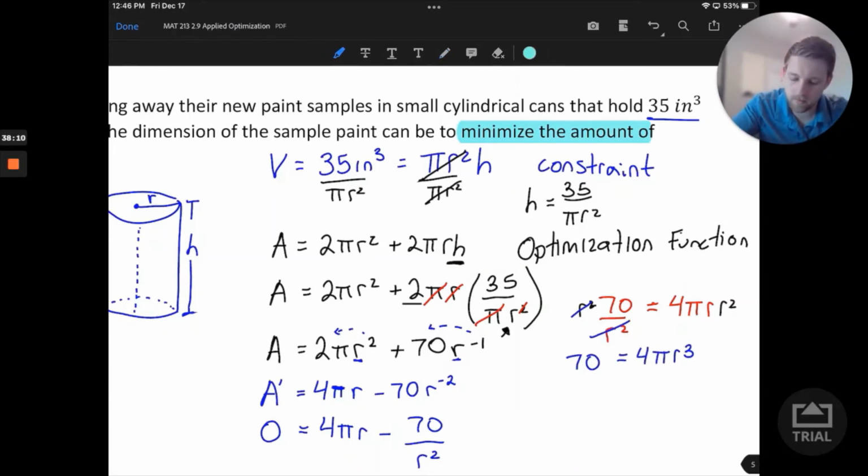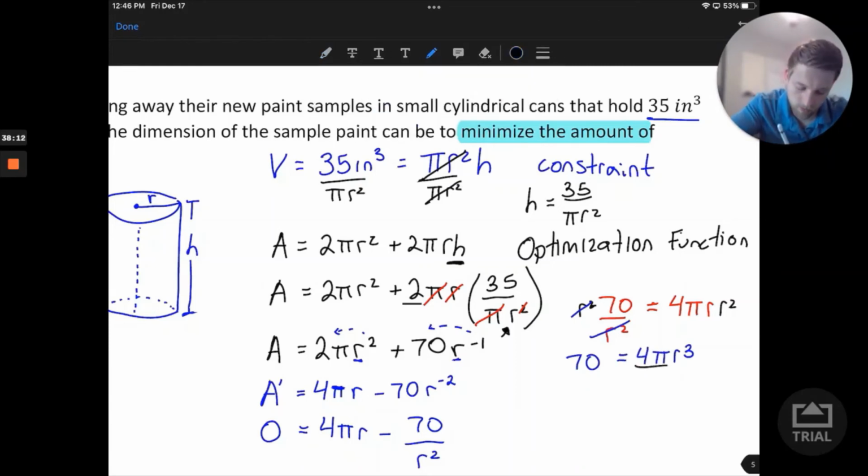And dividing over some constants here, 4 pi, we can reduce those and we'll be just left with r cubed. So this leaves us with r cubed equaling 70 divided by 4 pi here.